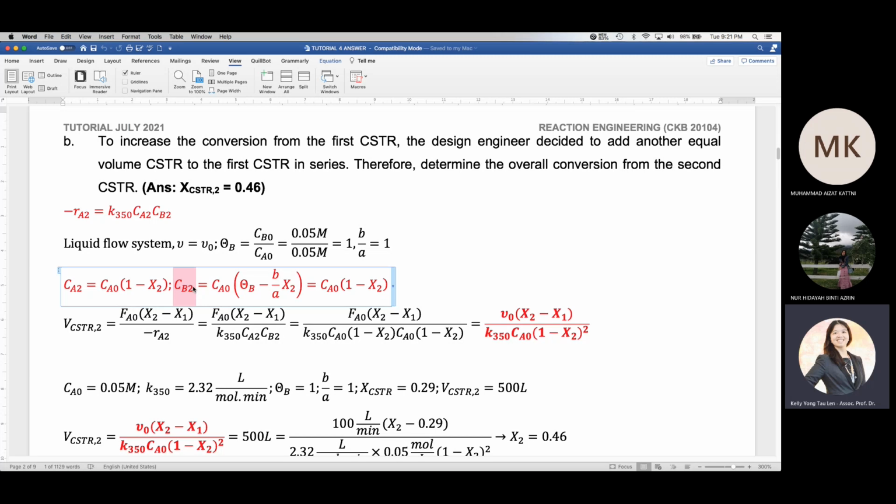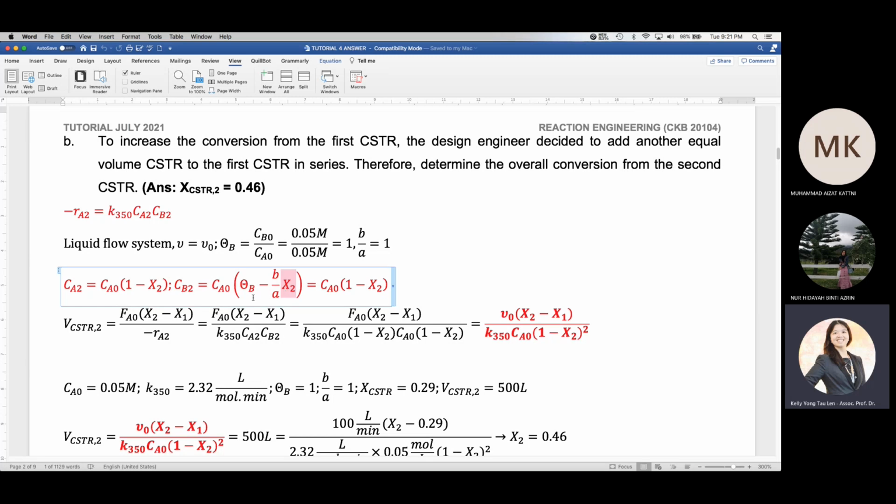Kalau B adalah reactant, CB sama dengan CA0 in bracket theta B minus B per A X. Kalau chapter 3 in general dia akan tulis CB sama dengan CA0 (theta B minus B per A X). So sama konsep kalau kita bercakap mengenai concentration of B in the second reactor, X dah menjadi X2. Sebab kita nak cari concentration dalam reaktor kedua, conversion dia mesti based on the second reactor punya conversion.